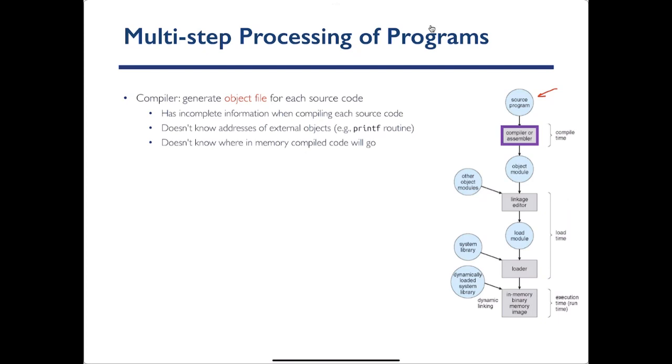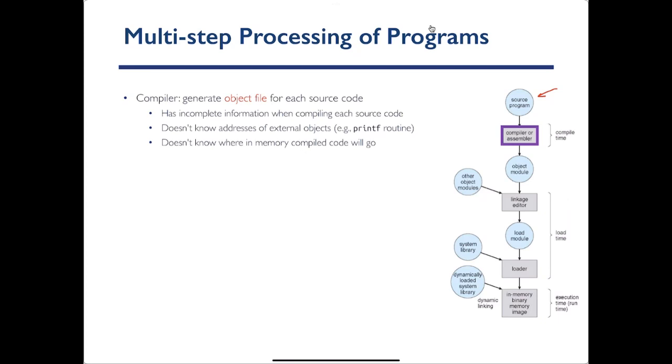This means that there might be external objects, external functions, for example, like printf, that you're using in your code, but the compiler doesn't have the code for printf at the time that it's compiling your source code. So it creates some object table that has the name of the objects that are used, and the address for those objects is not filled. So they have to be filled later on.